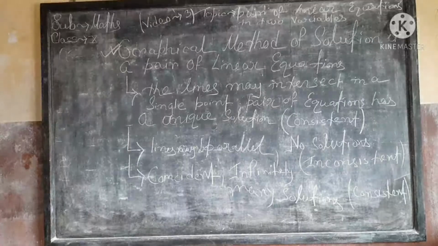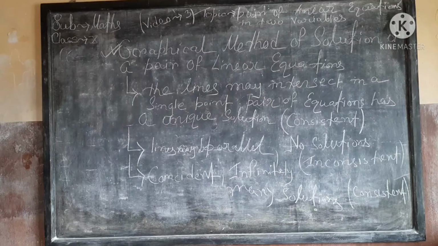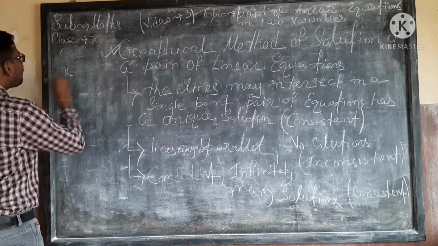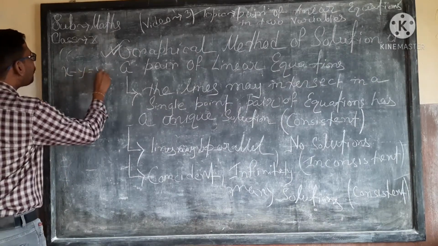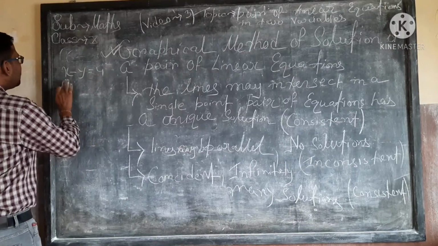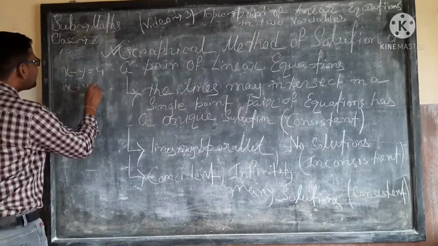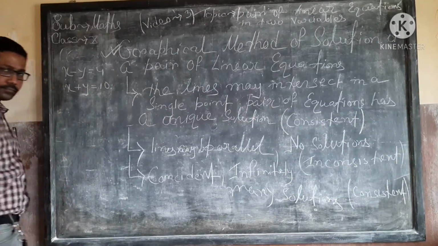So what is the solution? Suppose you consider x minus y is equal to 4 and another linear equation x plus y is equal to 10.